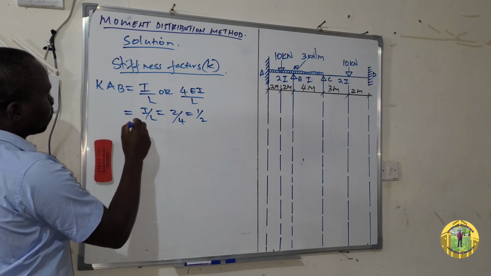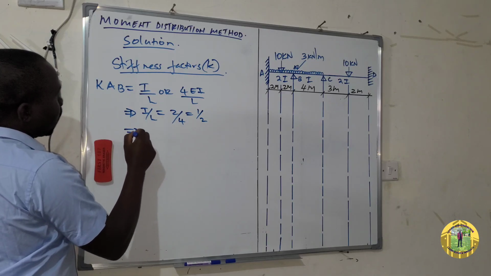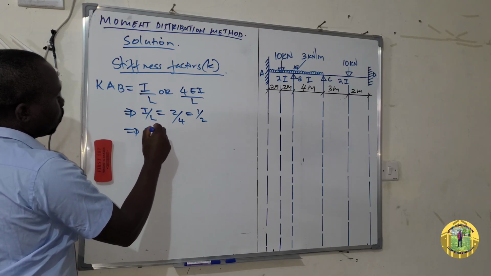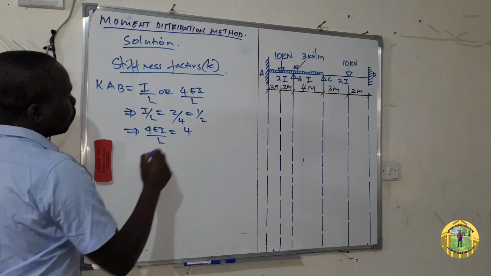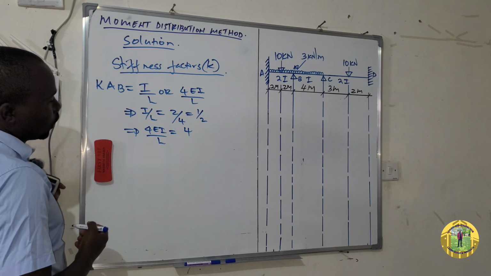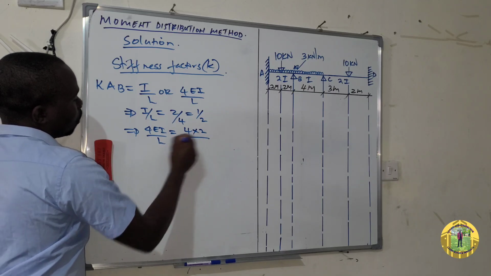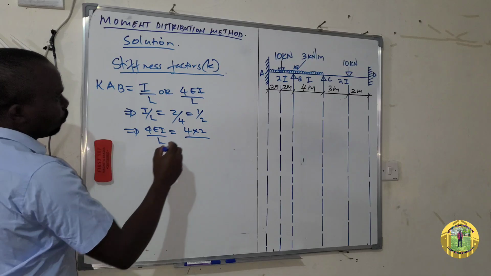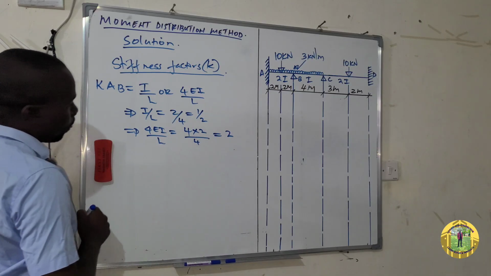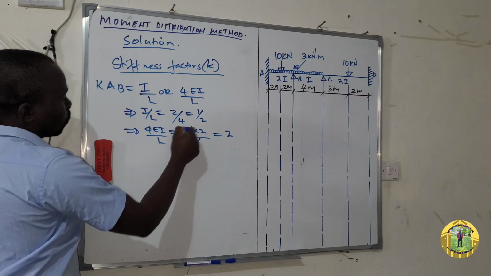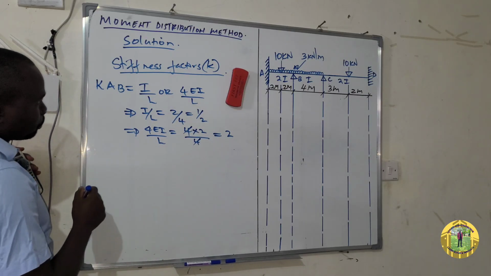And 4 EI over L is equal to 4, E is constant, so I is 2 all over L, L is 4. So this one is equal to 2 because this will cancel with this one. So that is it.